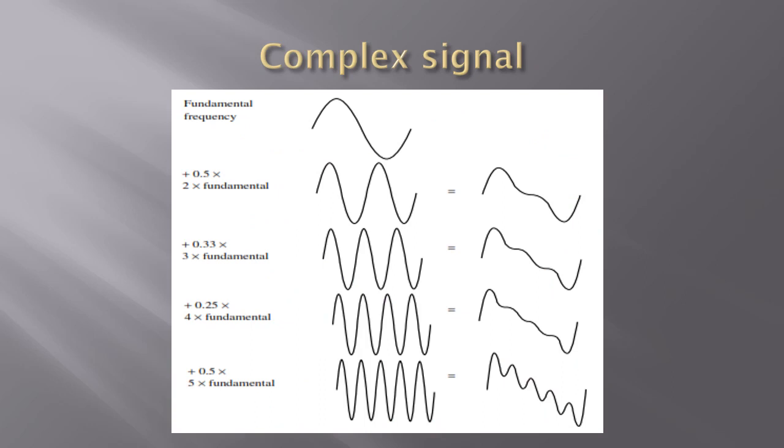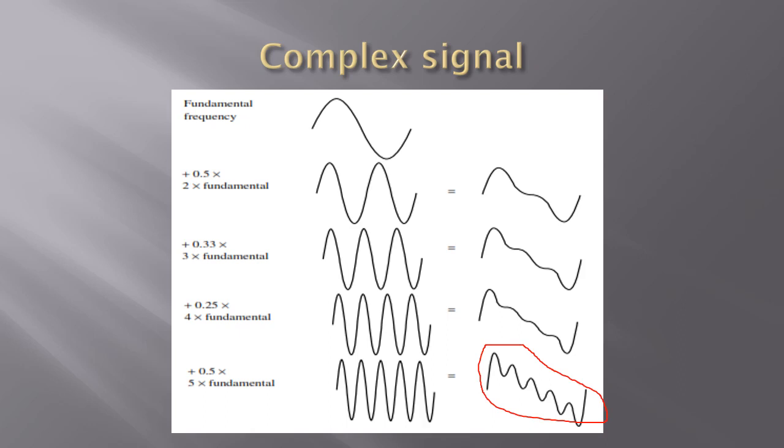Now, a signal, like the one that I'm producing right now when I am speaking, is actually a complex signal. However, these complex signals can be decomposed into their frequency components. There is an example here where we have a complex signal. This is our complex signal.